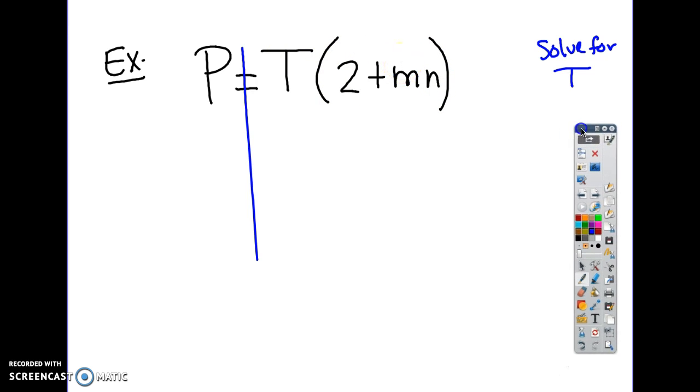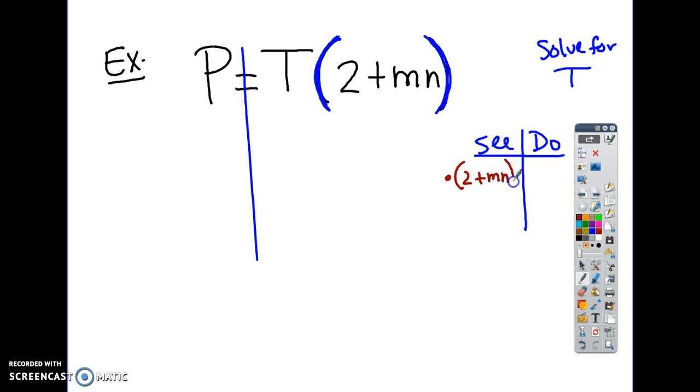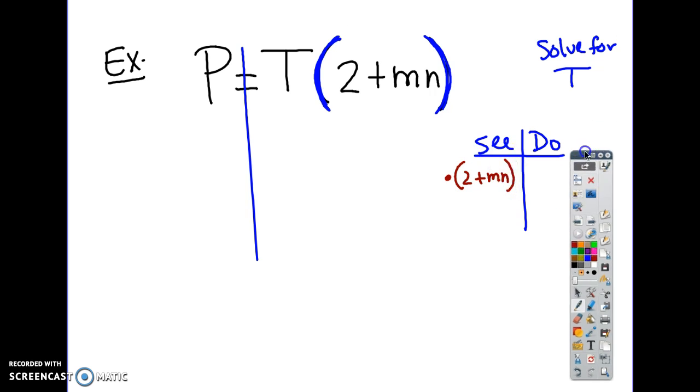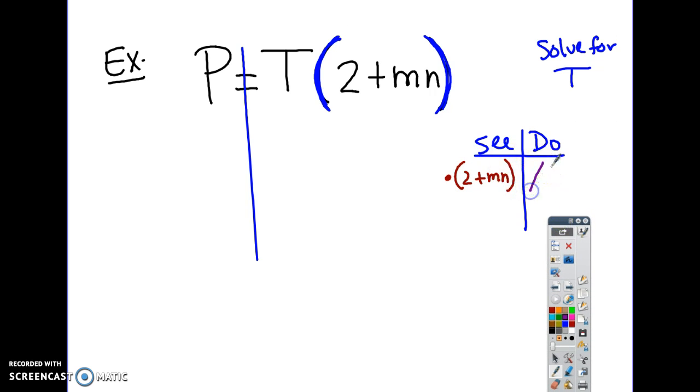You are going to ask yourself what is happening to the T. What is happening to the T is being multiplied by this whole thing. It's being multiplied by 2 plus MN. So what are you going to do? You're going to do the opposite, which is to divide by the whole thing, 2 plus MN.